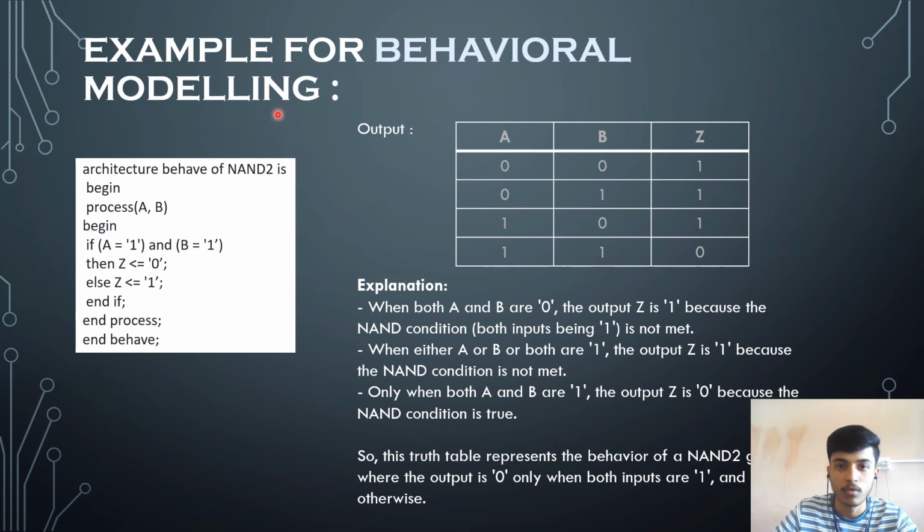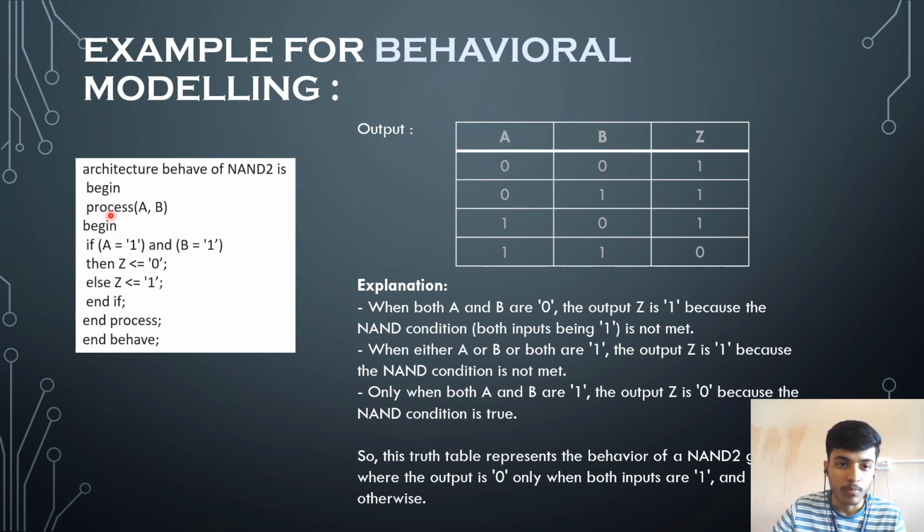Here is an example for behavioral modeling. Here I am declaring the architecture behave, that is, a behavioral model of the NAND gate. Within the begin block, I am taking a process, and the code present inside the process is executed sequentially, as explained before.